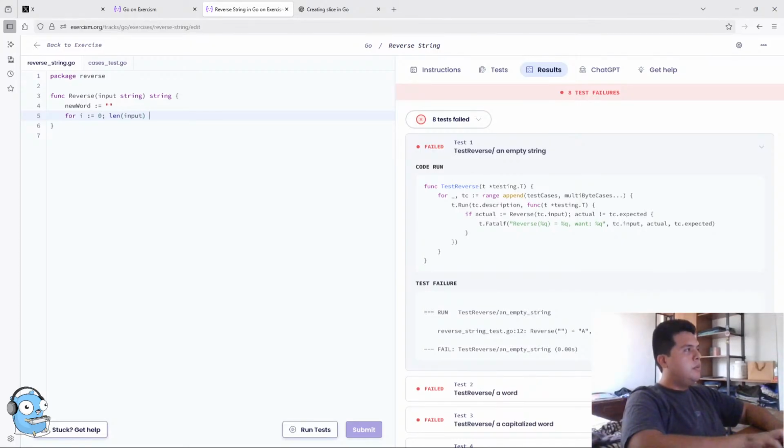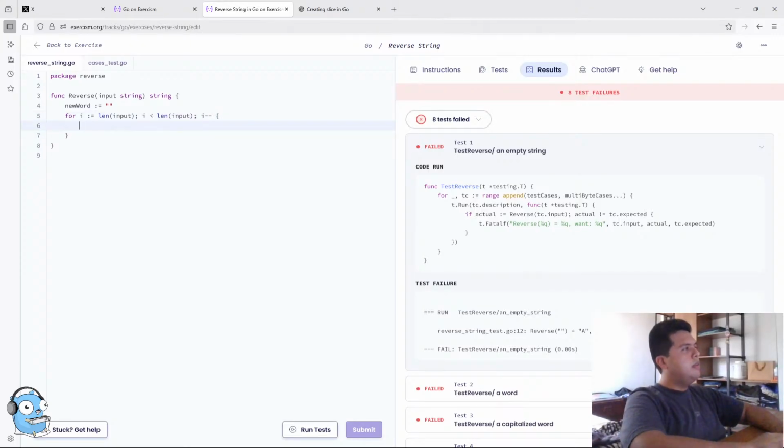Length of input, i plus plus. Okay. I will prefer to use length input. i is less than length input. i less.